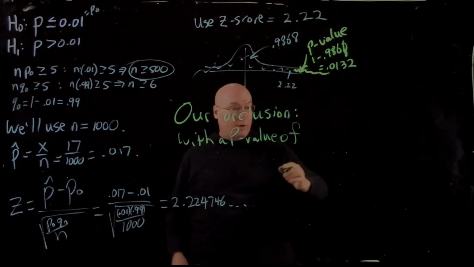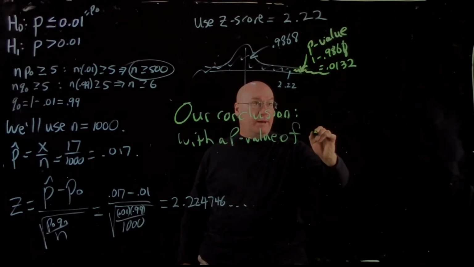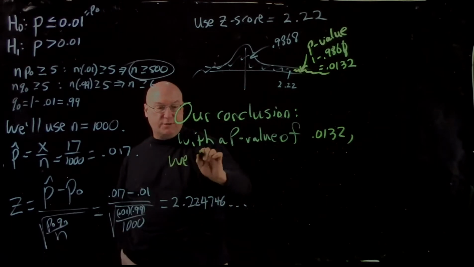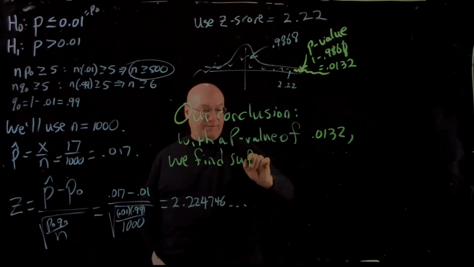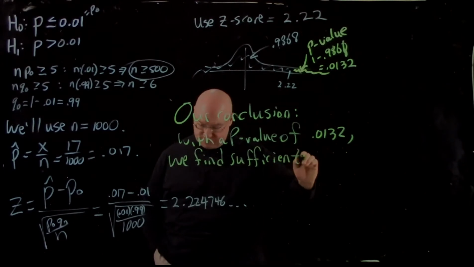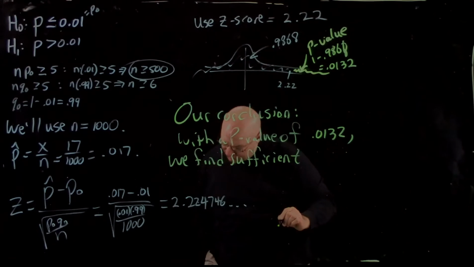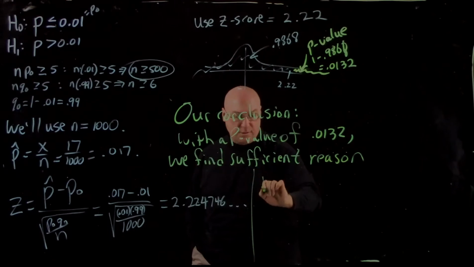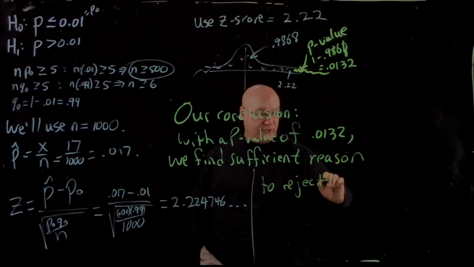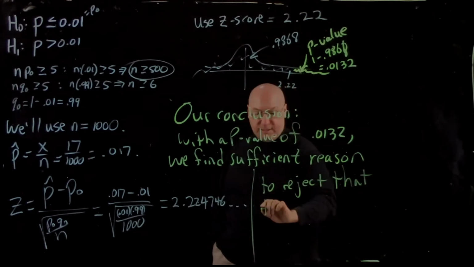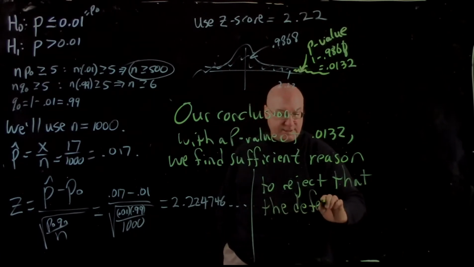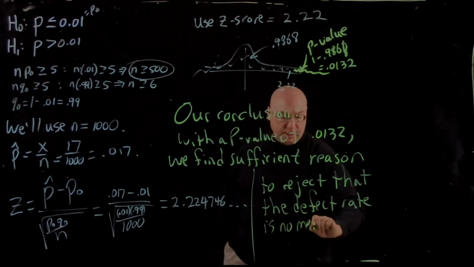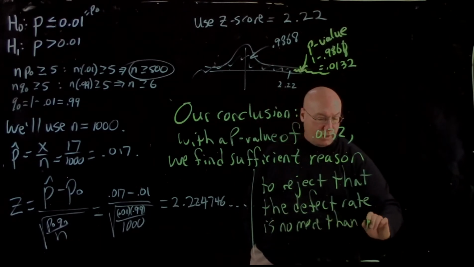Our conclusion: with a p-value of about 0.0132, we find sufficient evidence, sufficient reason, to reject that the defect rate is no more than 1%.